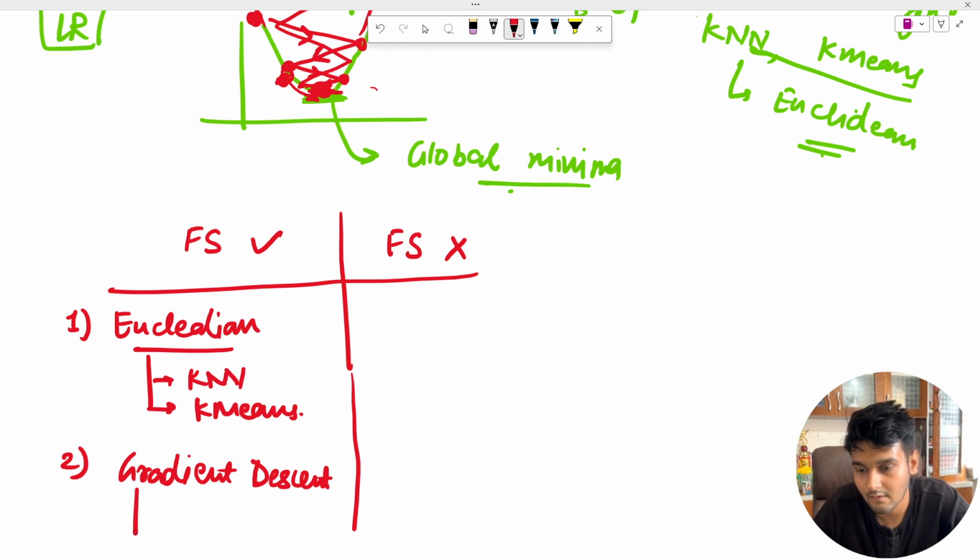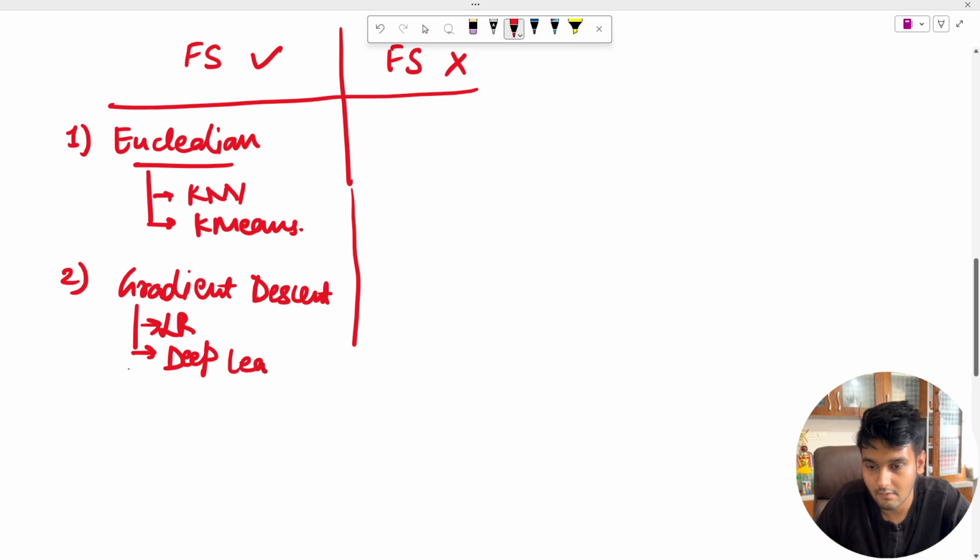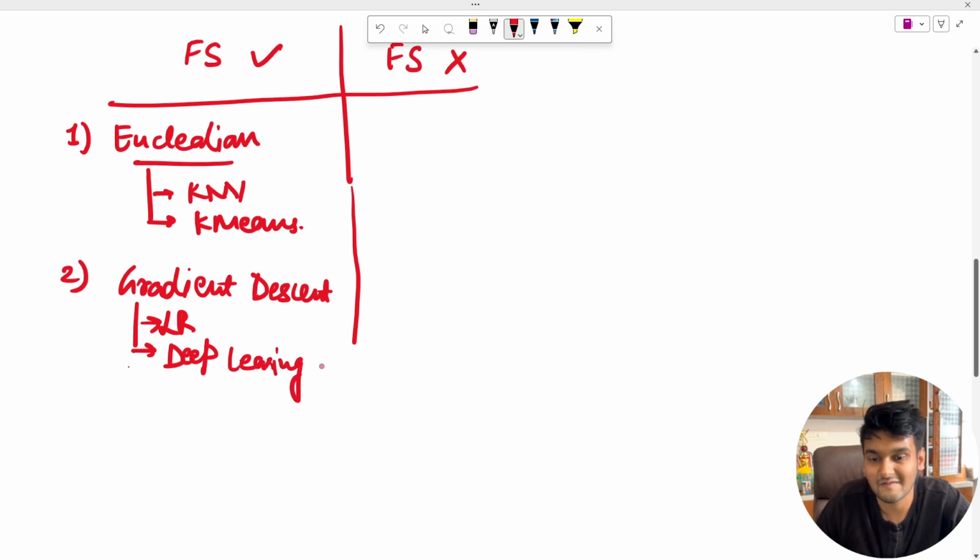We have linear regression, and deep learning techniques such as CNN and RNN, where in CNN we use unit scaling, reducing the pixel range of 0 to 255 to 0 and 1, and then train the model.